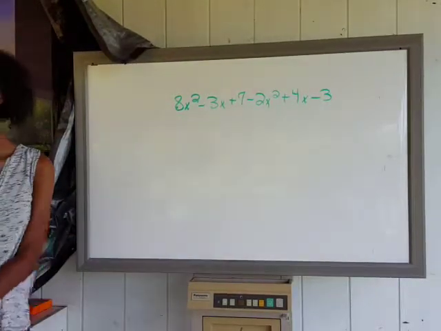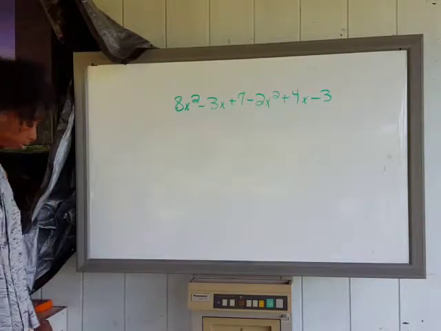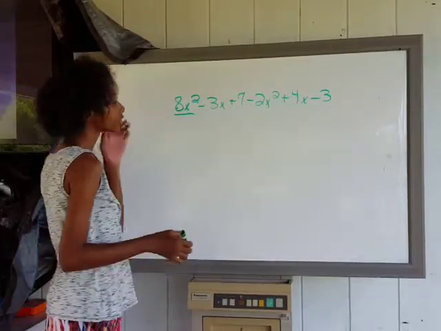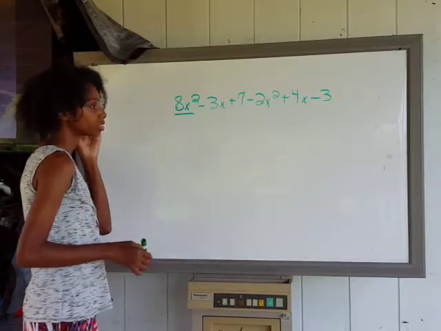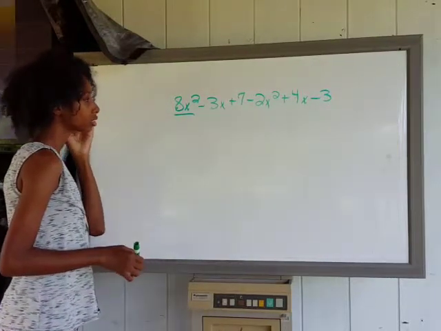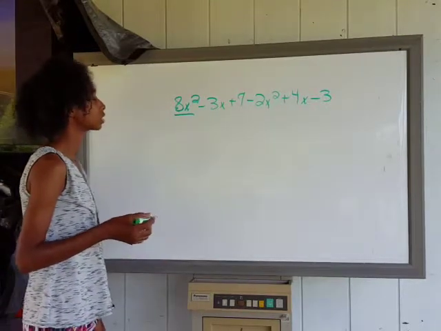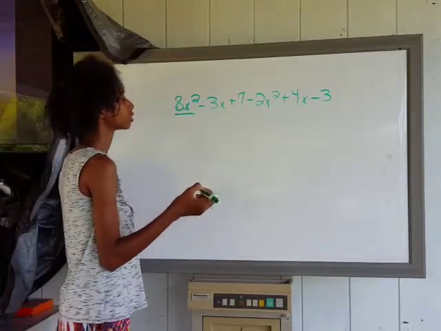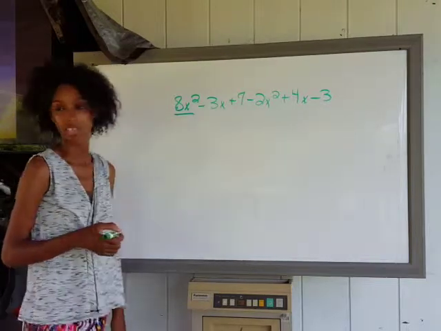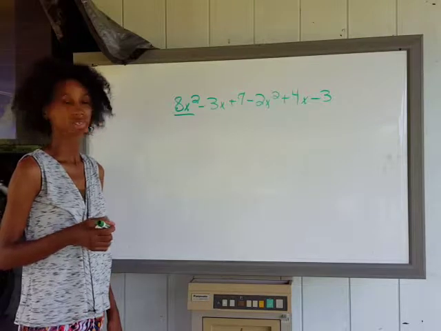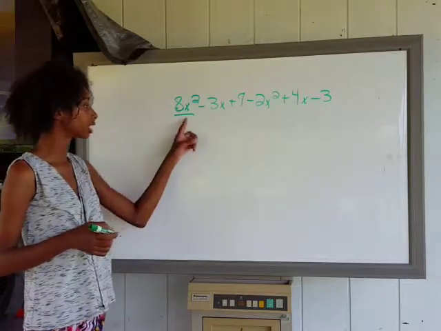So Joshua, what are our like terms? Say them in groups. Alright, so 8x squared, and 3x and 2x. Those aren't like terms. This is 8x squared.